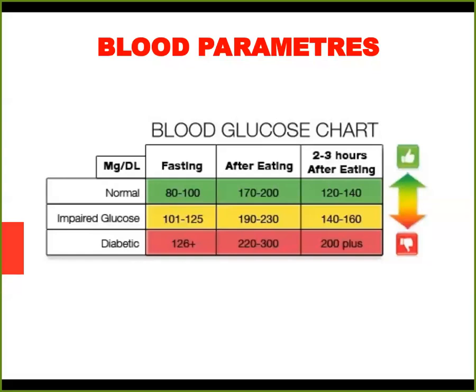But in the range between normal values and diabetes, we have a border which is named impaired tolerance for glucose. And nowadays, it is named pre-diabetes, and persons may have normal values of glucose in blood before eating, but increased, for example, level of glucose after food intake, and it will already be impaired tolerance for glucose.